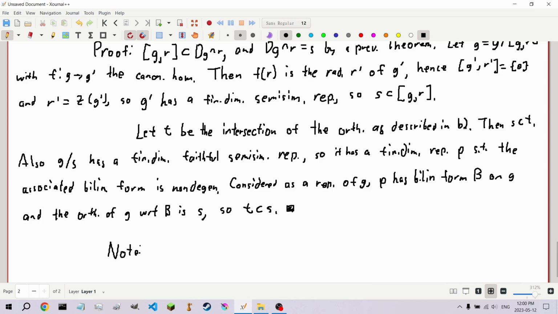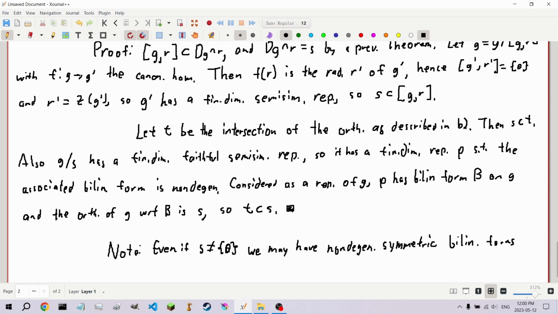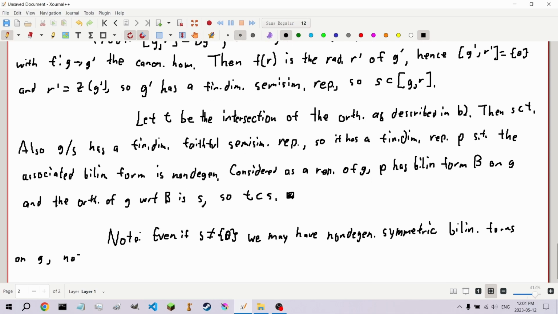It's worth noting, even if S is non-zero, we may have non-degenerate symmetric bilinear forms on G not being associated with any representation.